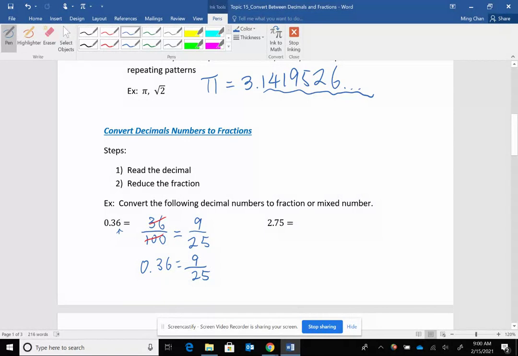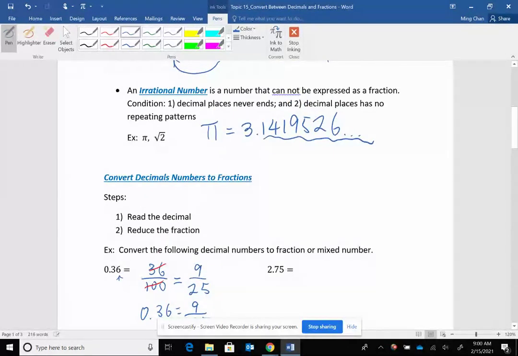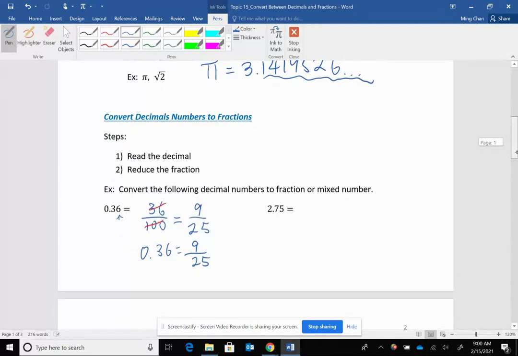Because 0.36 has a terminating decimal, the decimal does end, we can convert it into a fraction. The way we convert a decimal into a fraction is simply by reading it. But if the decimal places never end, and the decimal places have no repeating pattern, then there's no way we can convert it.